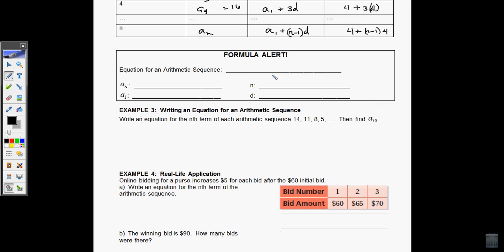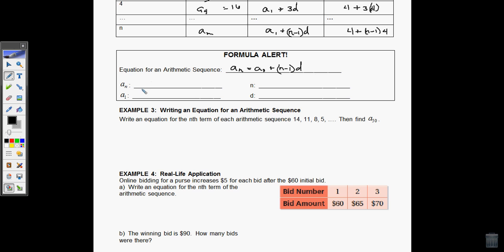Alrighty. Formula alert, formula alert. Equation for an arithmetic sequence. We just did it. Any particular term that you want, a sub n, can be defined by the first term a sub 1 plus n minus 1 times the common difference, where a sub n, right, we've talked about this, is just some term way out there.